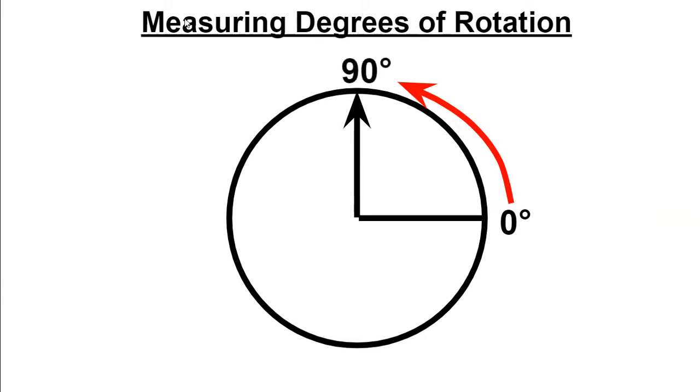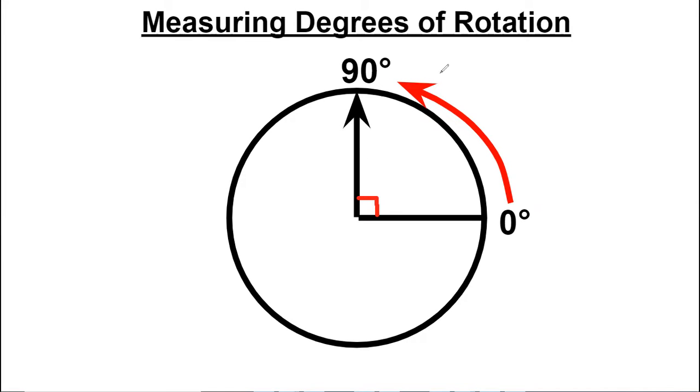And you may be familiar with that concept of a 90-degree angle. When you see the little square in the corner, that's an exact 90-degree angle. The side here and the side here are called perpendicular to each other. It forms an exact 90-degree angle.